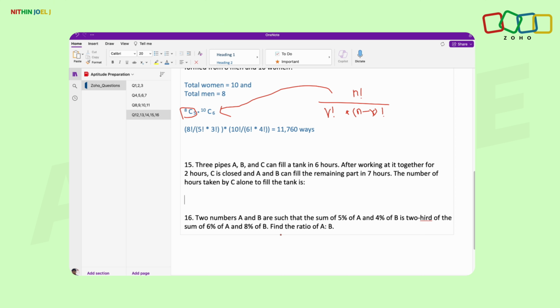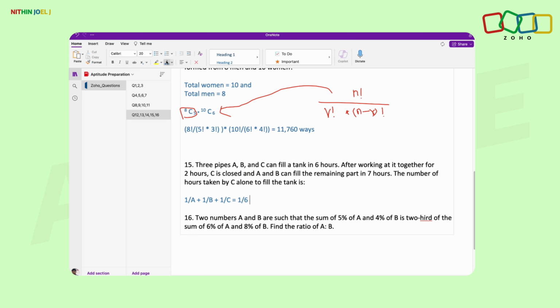So the first statement says 3 pipes, A, B and C, can fill a tank in 6 hours. So from this statement we can conclude that 1 by A plus 1 by B plus 1 by C is 1 by 6, which means in 1 hour A, B and C can fill 1/6 of the tank.